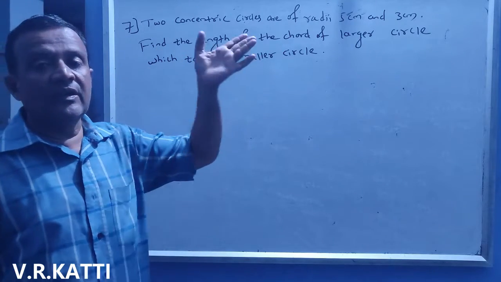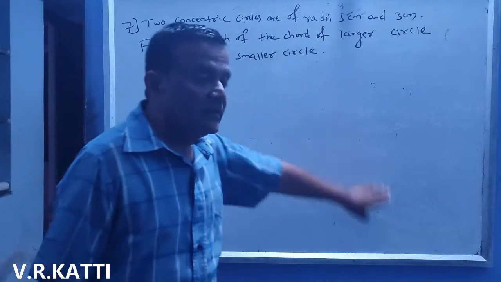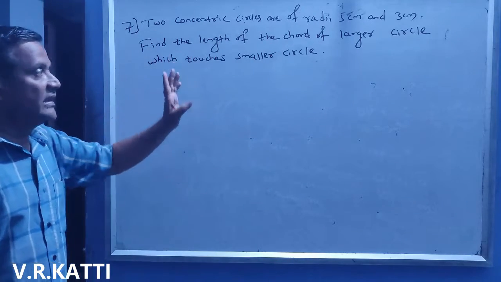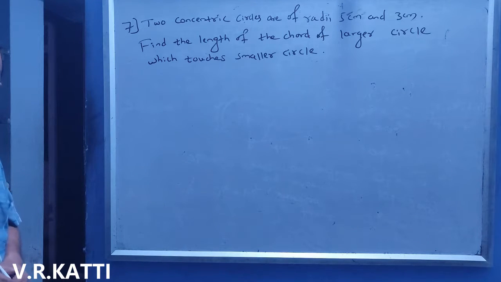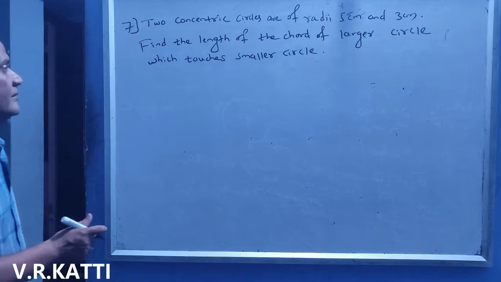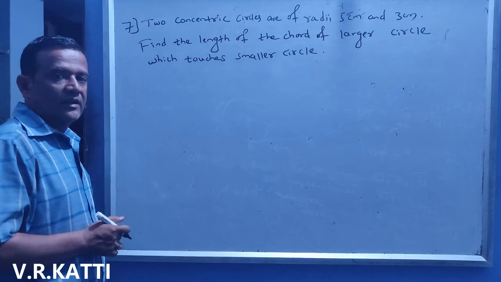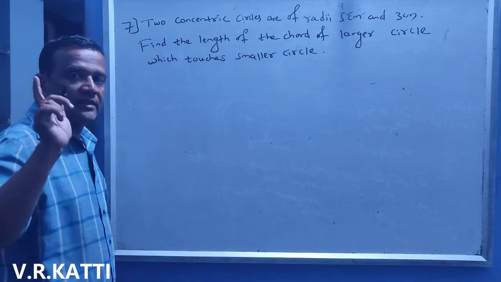Find the length of the chord of the larger circle which touches the smaller circle. According to the statement, draw the figure: draw two concentric circles.